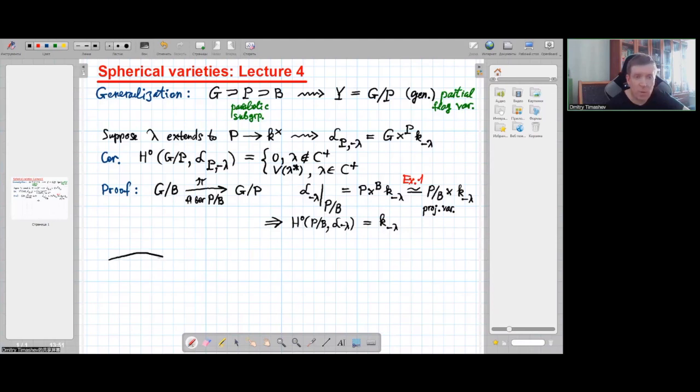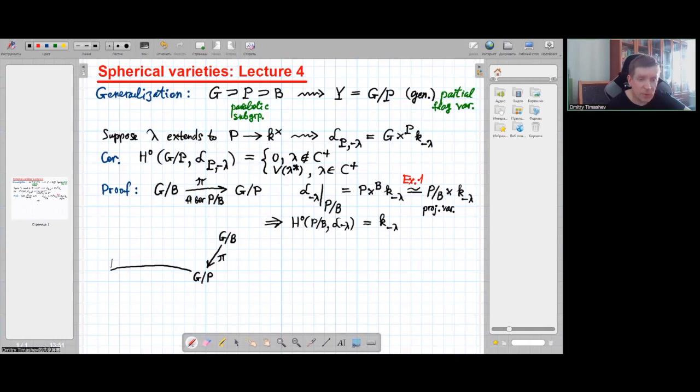So, excuse me, this is not that good. Maybe here. So we have this G mod P, partial flag variety, over which we have G mod B with the projection map pi.